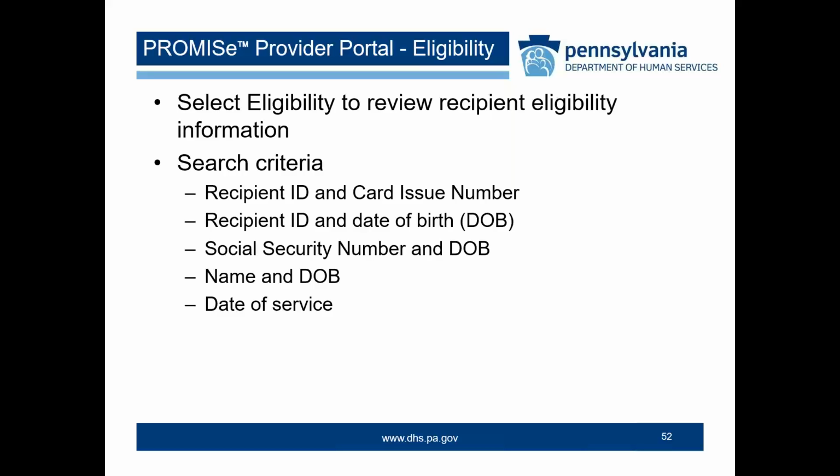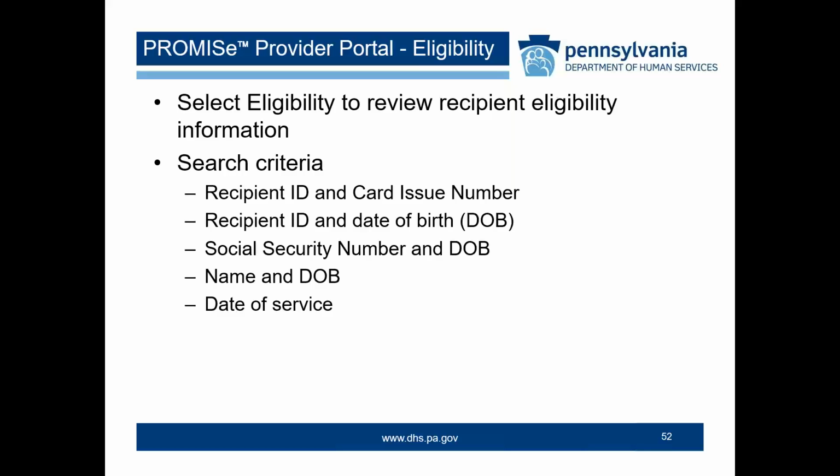If you don't have that, or they don't have that, you can use their recipient ID number and date of birth. But if you don't have that information, or the recipient doesn't have that information, you can use their social security number and date of birth to check eligibility, or their name and date of birth to check eligibility.